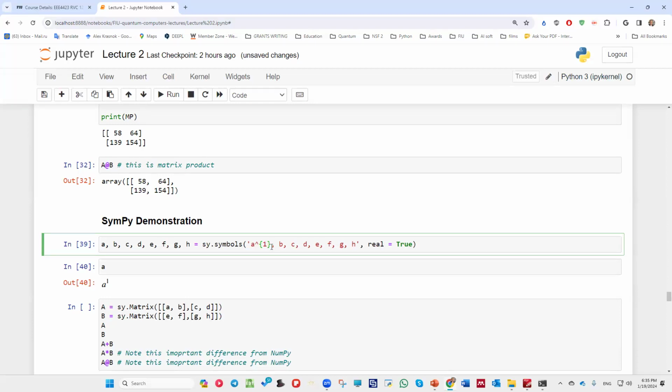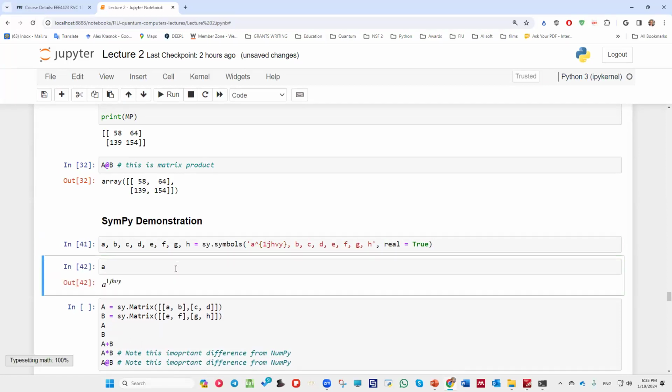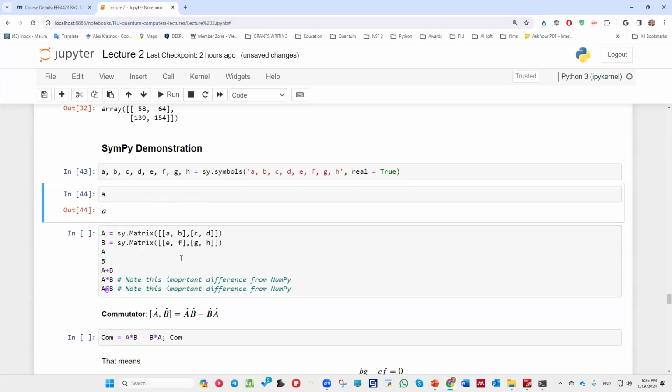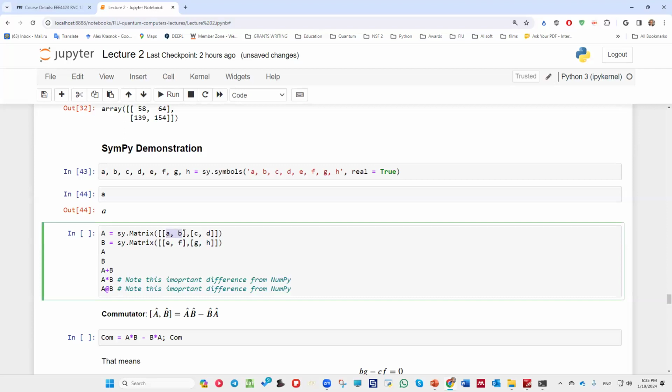And of course, you can put whatever, and it will be changed. So you can give any name, any symbol to represent any of these variables, like this.